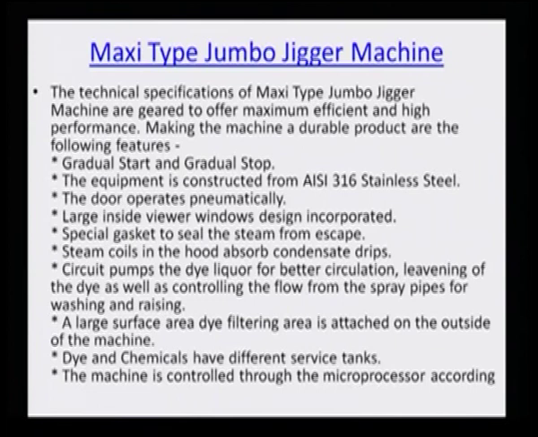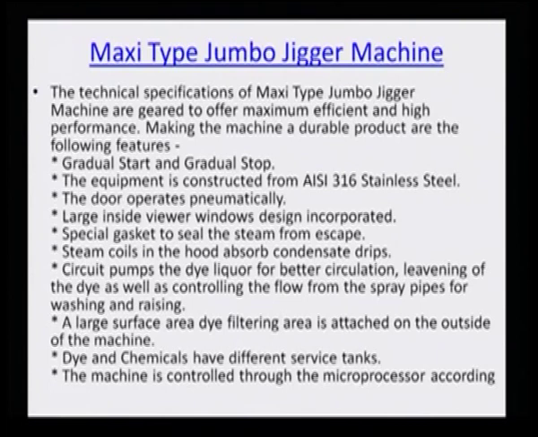In most of the open jiggers, a lot of steam is lost because the system is open. So, although the dye solution is being heated up, as the vapor rises, it escapes into the atmosphere. But in this kind of jumbo jigger machine, the steam of the hot solution of the dye is in contact with the fabric all the time.